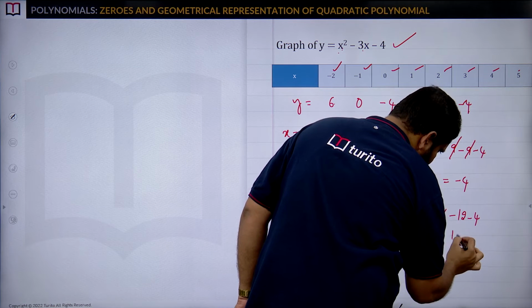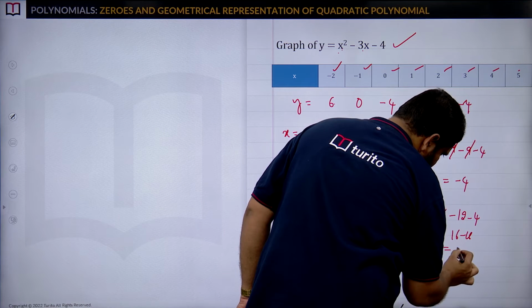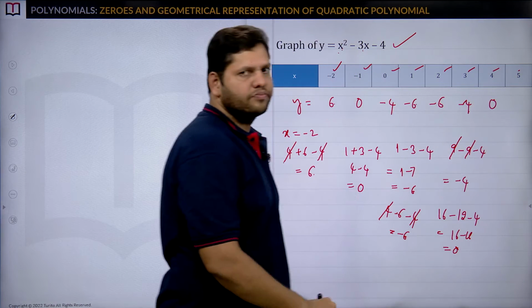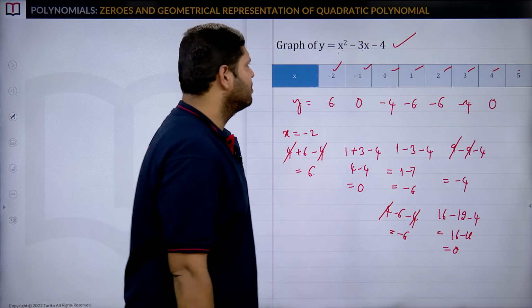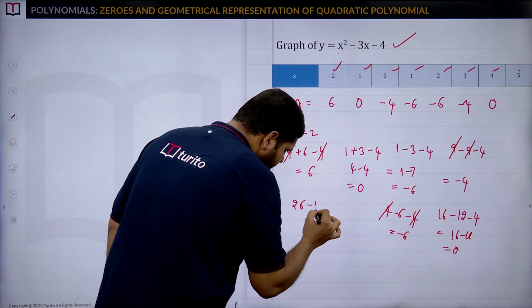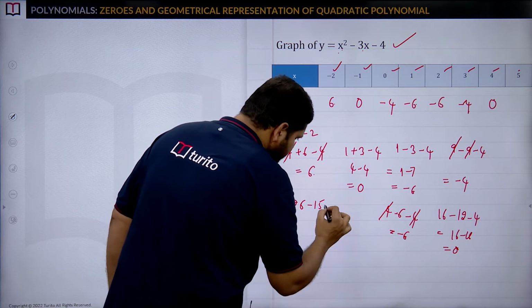So, 16 minus 16 is equal to 0. Next, 5. 5 square value 25, minus 3 into 5 is 15, and minus 4.